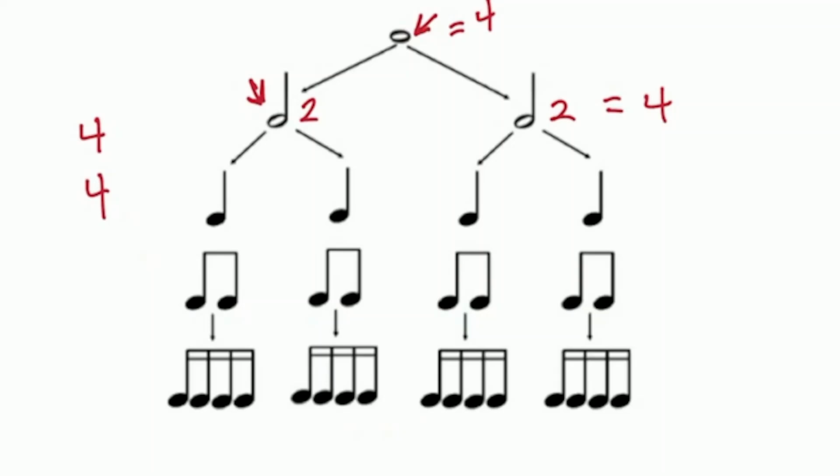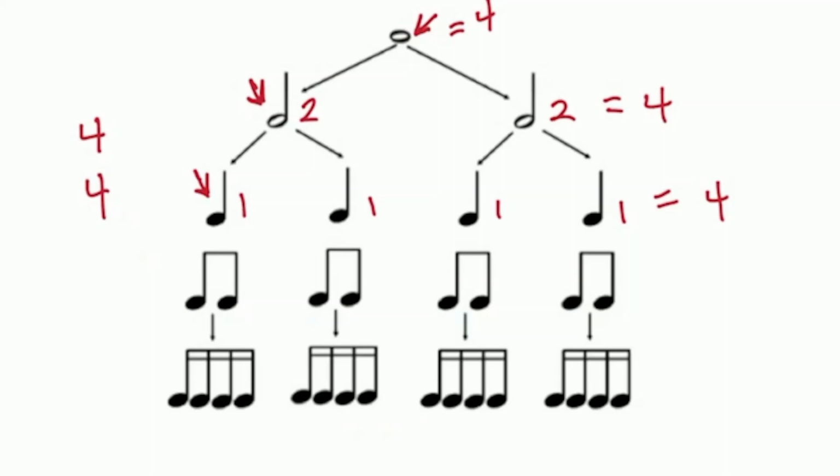If we split the half note in half, we get the quarter note, and each quarter note equals 1 count. So 4 quarter notes equal 4 beats. This chart is saying 2 quarter notes equal a half note, or 4 quarter notes equal 1 whole note.